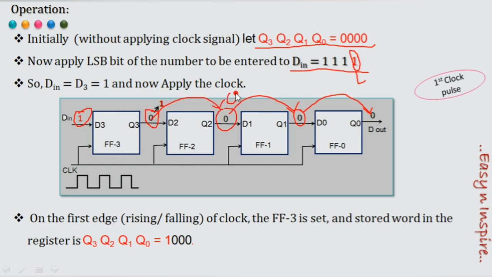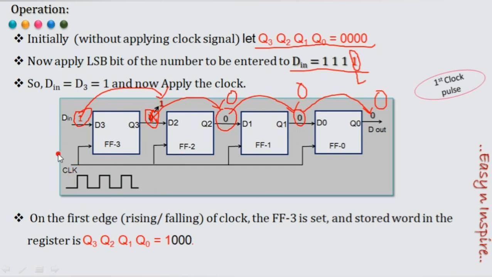So it is going to produce 0, 0, 0. And now for this flip-flop, input is 1, so it is going to produce 1 as output. So 0 is gone and now it is 1. 1, 0, 0, 0. This is my output after applying the first clock pulse.